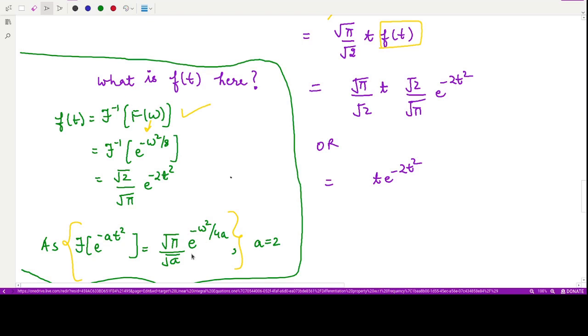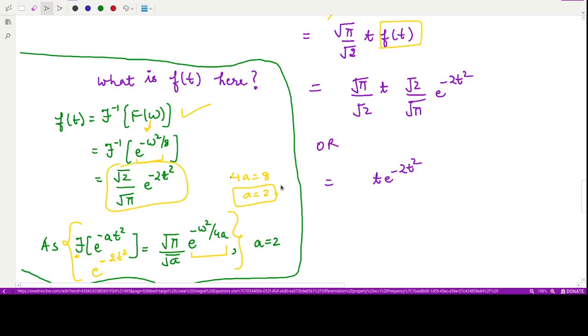So according to this, when you compare this quantity with this quantity, you can see that 4a is equal to 8, so that means a is equal to 2 here. So if a is equal to 2, in place of this we have e to the power minus 2t square, right? So that means this thing is nothing but the Fourier inverse of this particular function.